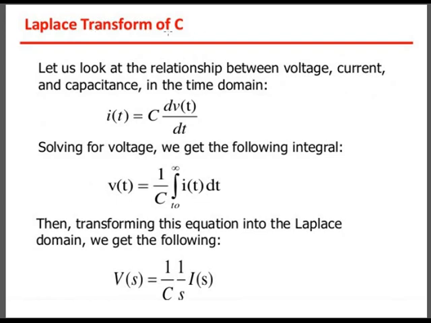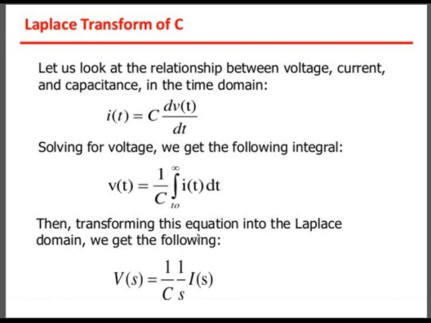Now, the Laplace transform of the capacitance C. Let's look at the relationship between voltage, current and capacitance in the time domain. So i of t is equal to C dv of t by dt. Solving this equation, we get the following integral: v of t is equal to 1 upon C times the integral from 0 to infinity of i of t dt. So we simply take dv of t, and this becomes 1 upon C, and for the dt term we have to provide the integral from 0 to infinity.